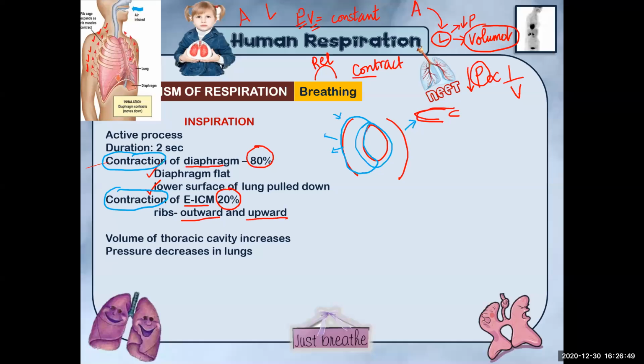Good, Khushi. Niranjan incorrect. Devangi correct. Aditya correct. Last time when we did the diaphragm, I made it very clear. Diaphragm is made up of skeletal muscles which are involuntary.